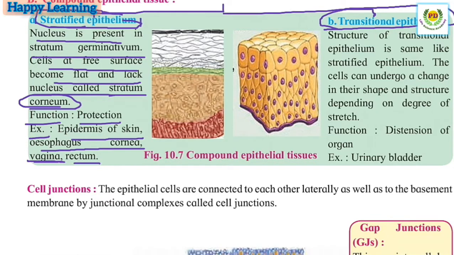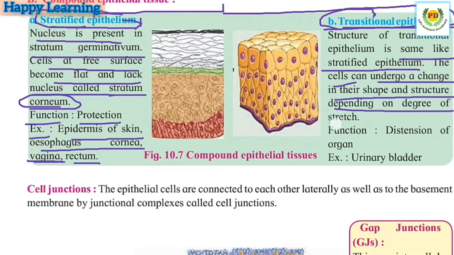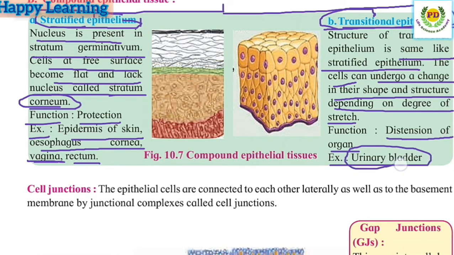Now what is the transitional epithelium? The structure of transitional epithelium is the same as the striated epithelium. The cells can change their shape and structure depending on the degree of stretch. The function is distension of the organ, and an example is the urinary bladder.